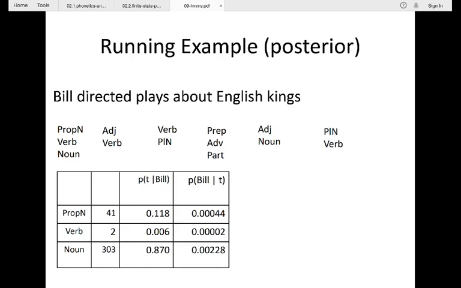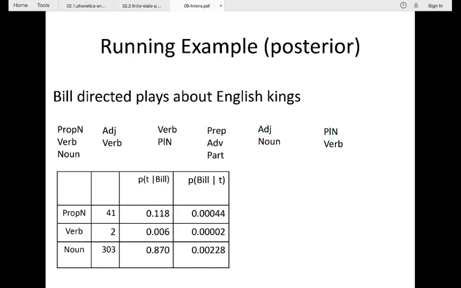So what kinds of probabilities are we talking about here? These are the emission probabilities, right?